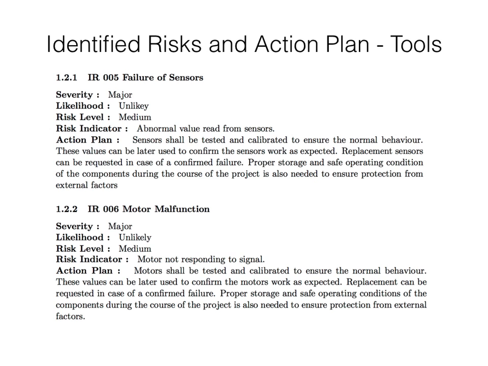How to avoid or minimize this risk is to test the motors and calibrate them to ensure normal behavior, so that we can identify if there is a deviation from the behavior. And same as in the case of sensors, if it's a confirmed failure, we can request a replacement. Proper storage and proper operating conditions are necessary to ensure the life expectancy of the motor as well as the sensors.